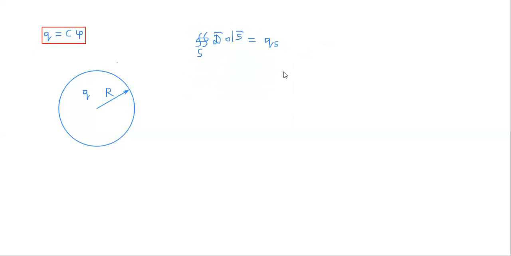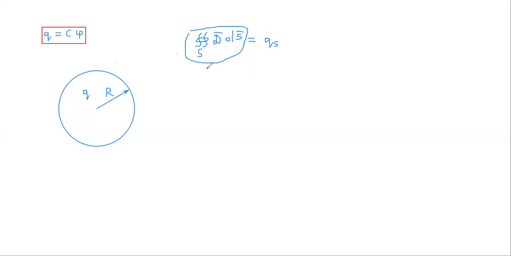So let's use this. How to do this? First of all, it is necessary to find left part. This is this surface integral, but in general case it is difficult to do because we don't know D, we don't know electric displacement vector.